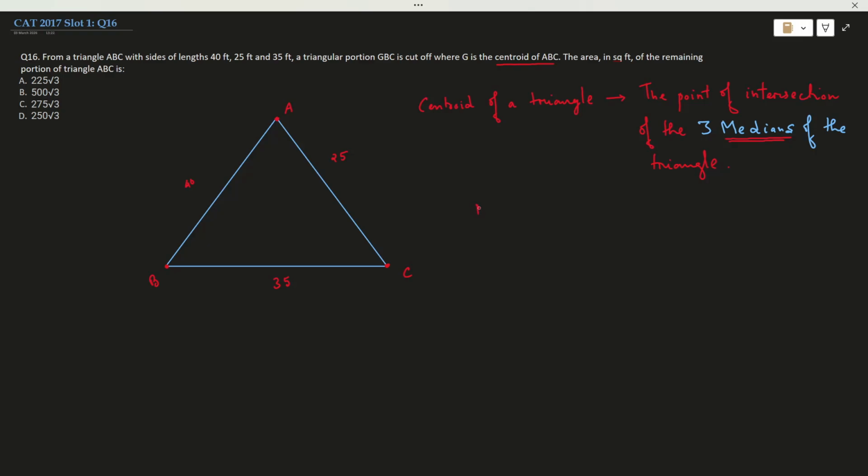Okay, what is a median? Median is basically a line segment originating from a vertex of a triangle and joining the midpoint of the opposite side of the triangle.